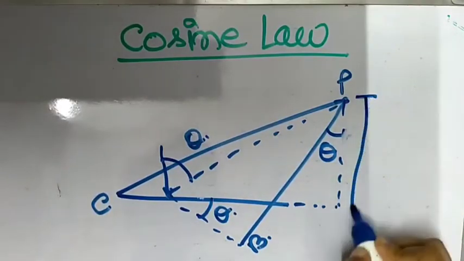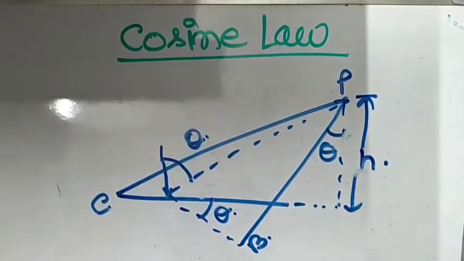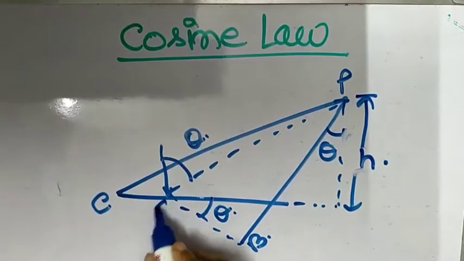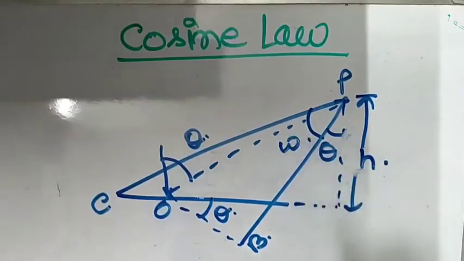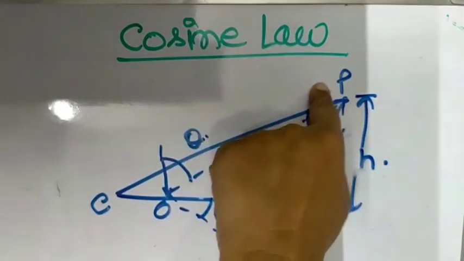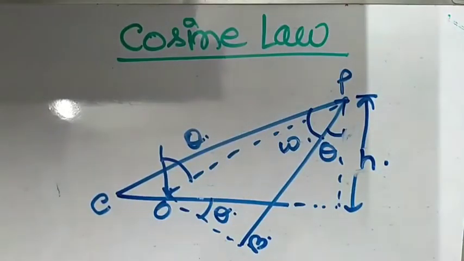This distance is H. This point is denoted by O, and this is solid angle omega. Now let P be the point source at height h from the plane containing the surface CD. This point is D, which sustains solid angle omega at the source of the light.